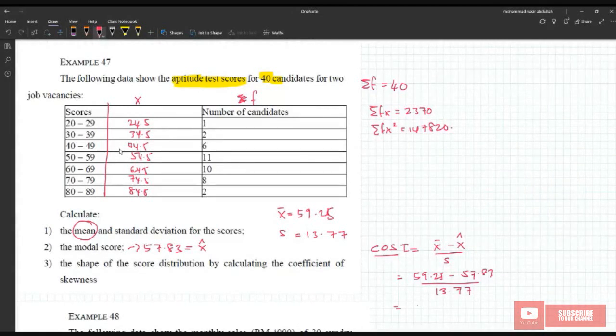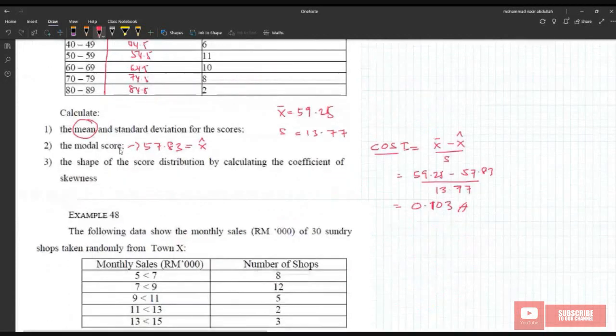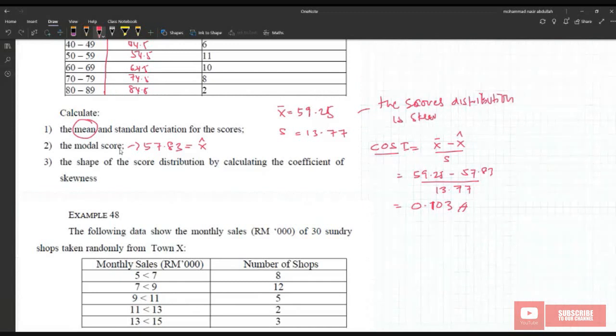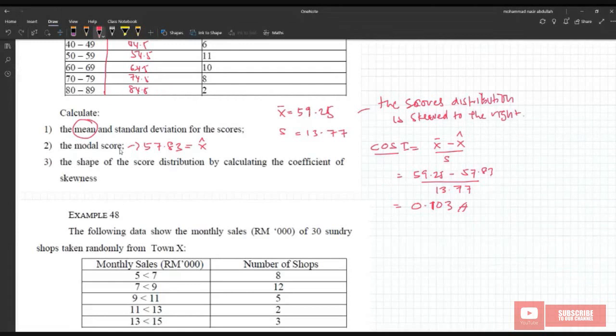So this is a positive value, 0.103. So since this is a positive value, we can say that the score distribution is skewed to the right because we have a positive value, right?